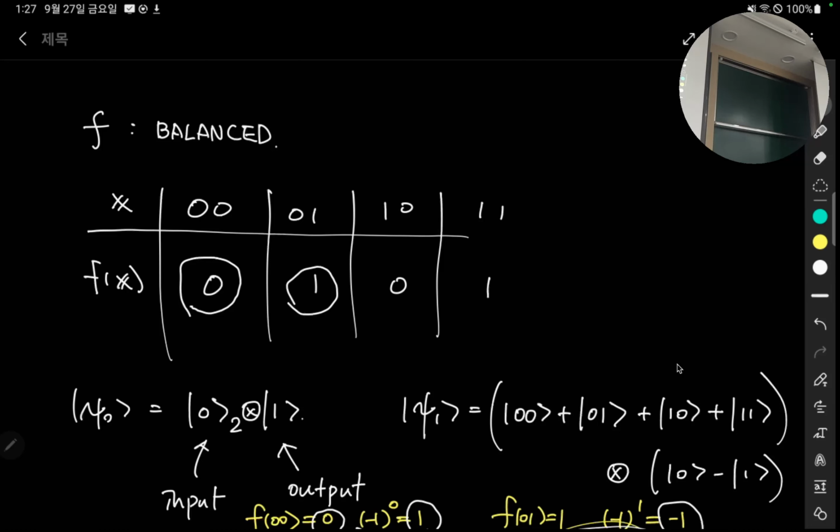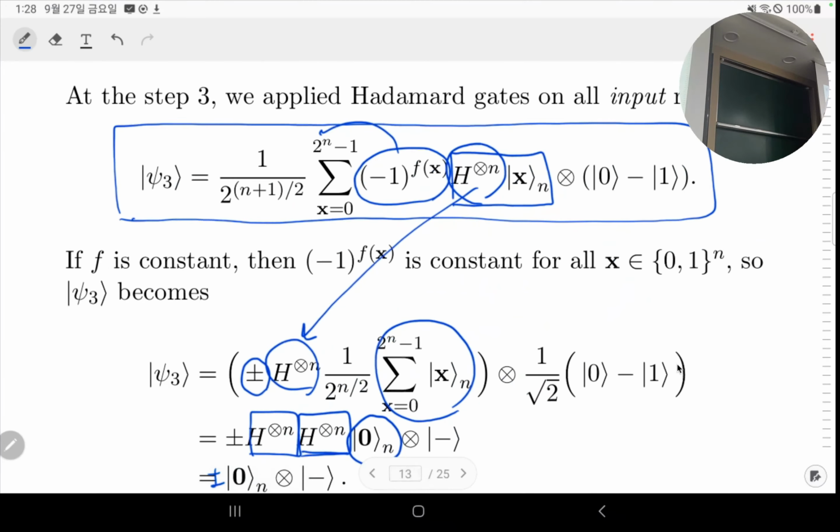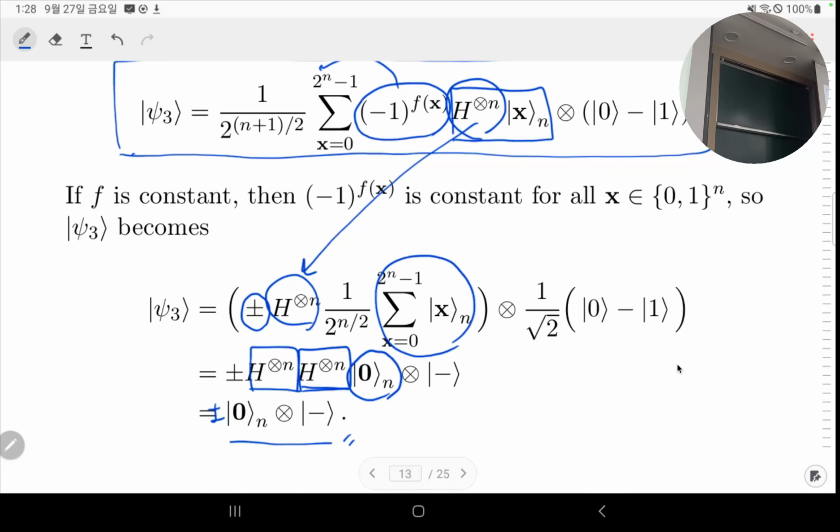Any question? Yes. We already did it. So in here, if it's constant, then this is constant, right? So it goes out as a plus or minus, outside of the sum.